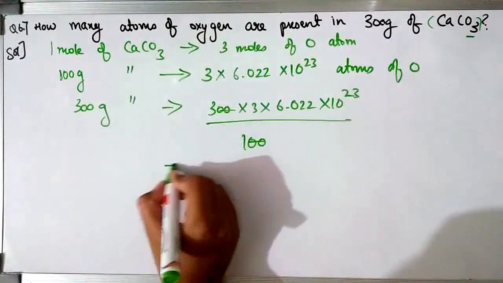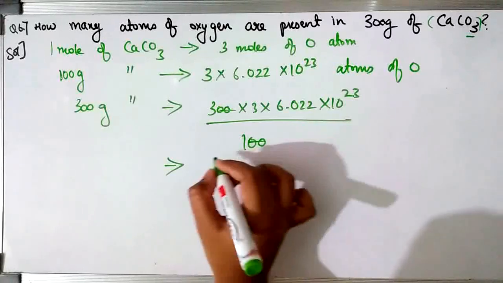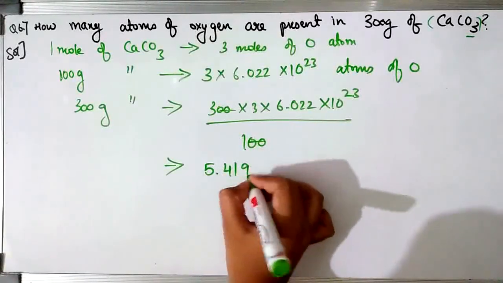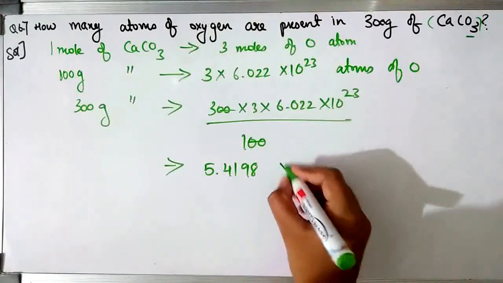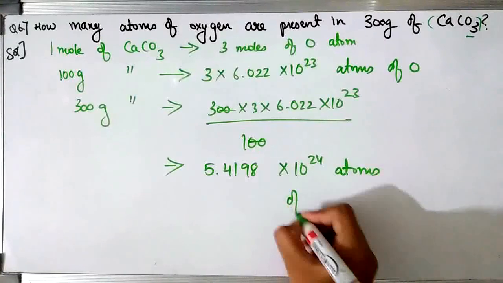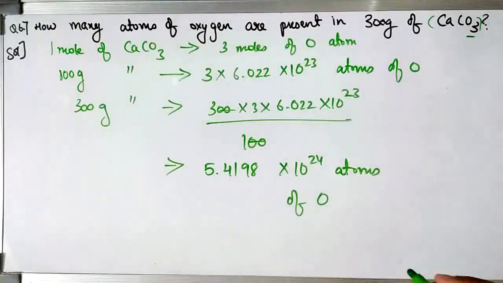When we multiply, the final answer is 5.4198 into 10 to the power 24 atoms of oxygen present in 300 grams of calcium carbonate.